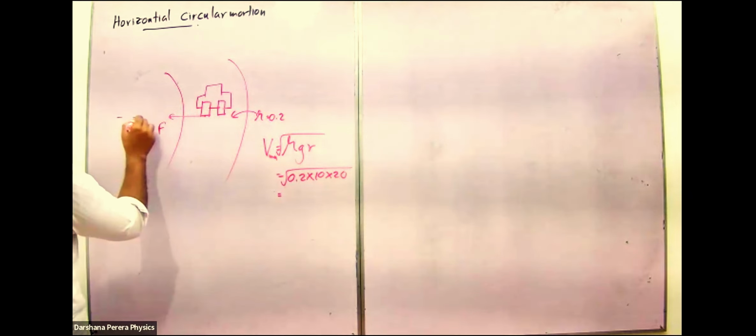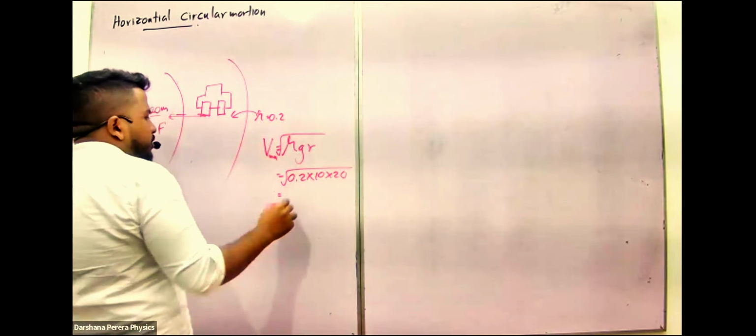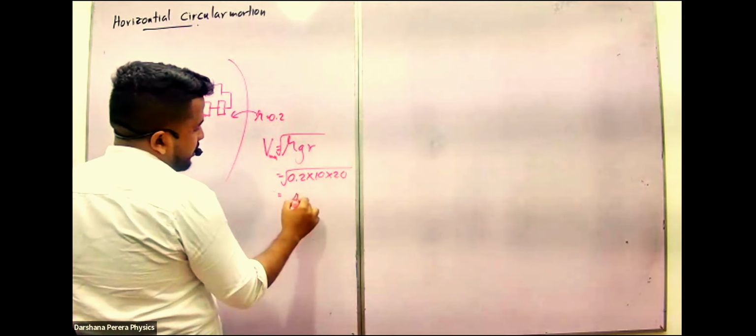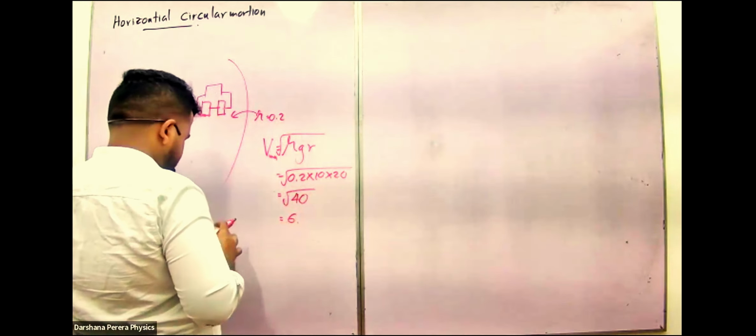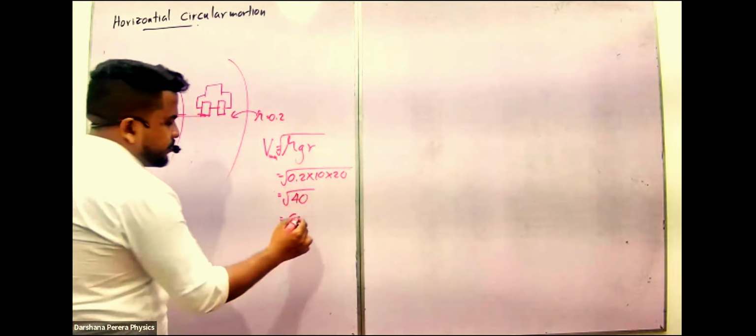The radius is 20 meters, mu equals 0.2. That means this is root 40, which is 6.32. Yeah, your answer is correct. 6.32.